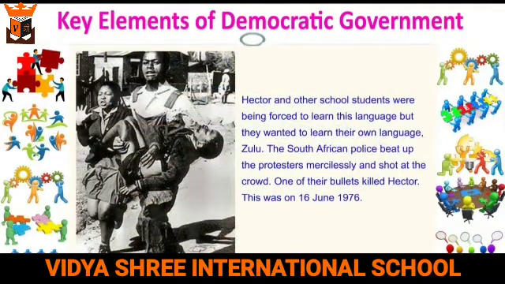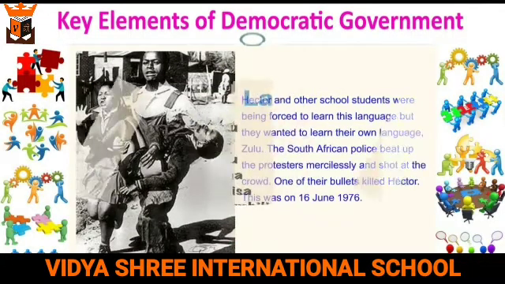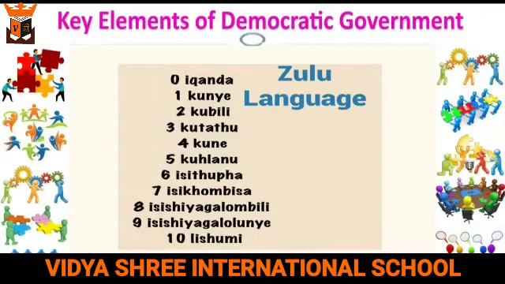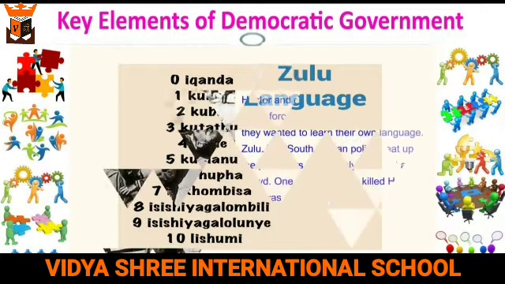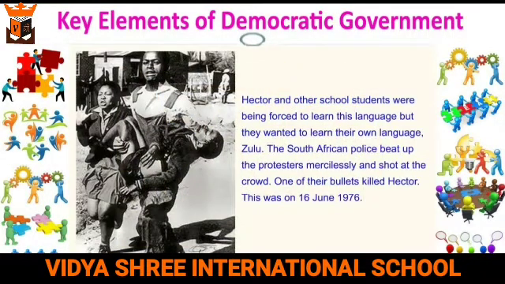Hector and other school students were being forced to learn this language, but they wanted to learn their own language, Zulu. The South African police beat up the protesters mercilessly and shot at the crowd. One of their bullets killed Hector. This was on 16 June 1976.